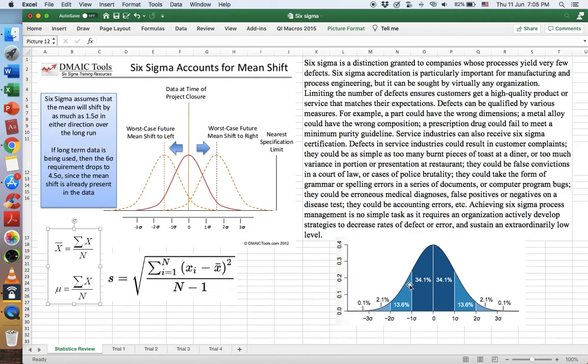Now, if we want to have almost perfect operations, producing millions and millions of products, serving hundreds of thousands of customers, or making thousands of meals per year, whatever the service or product is, then we want a very low rate of error so that we can develop a sustainable competitive advantage compared to other businesses.